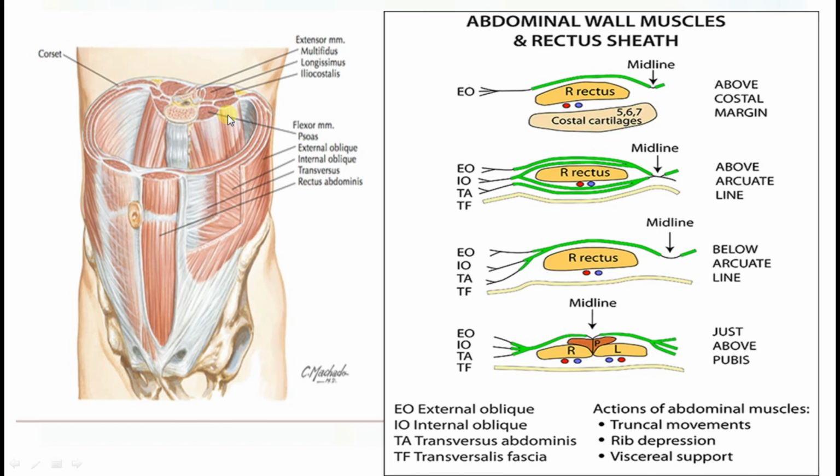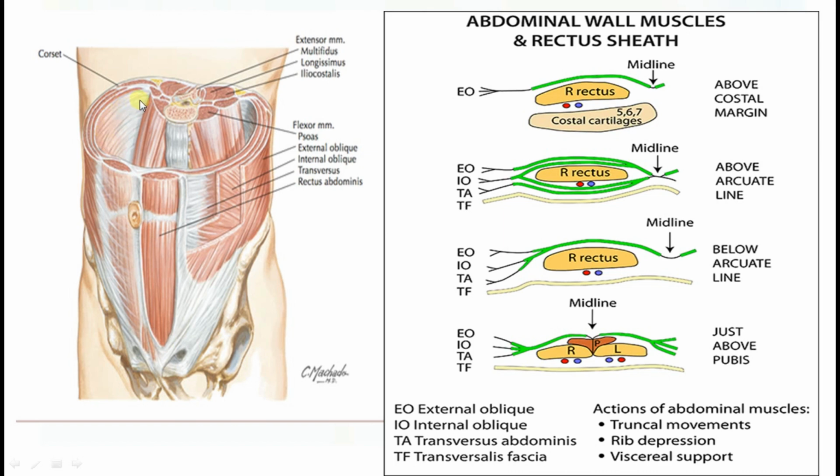That is the anterior layer of thoracolumbar fascia. So what happens, this anterior layer of thoracolumbar fascia, laterally if you look, will be continuous with this fascia you see here behind the transverse abdominis, the fascia transversalis.